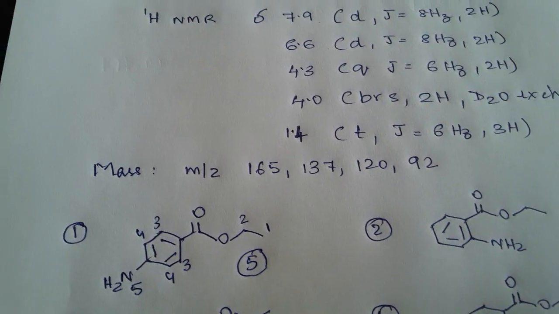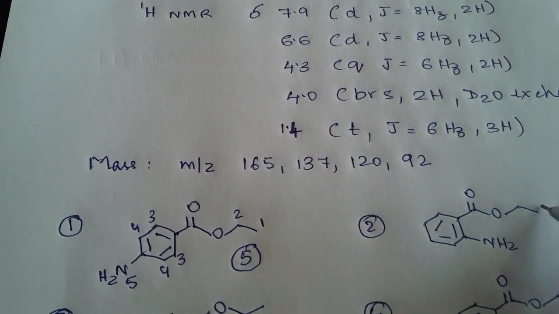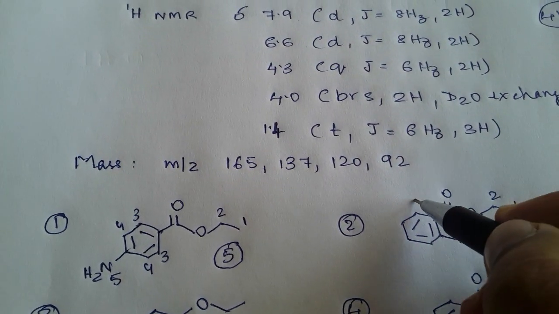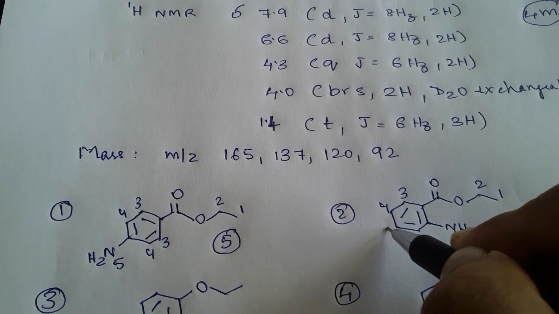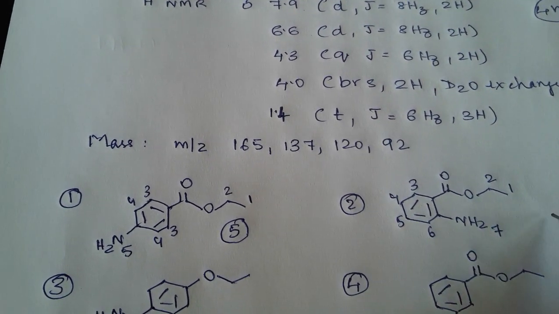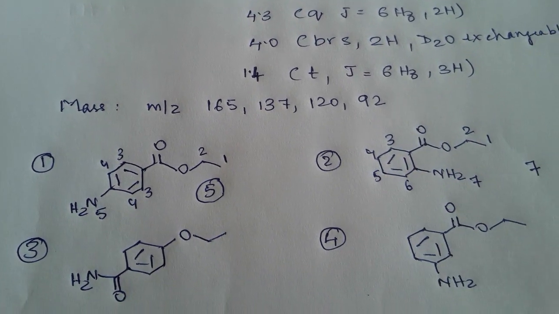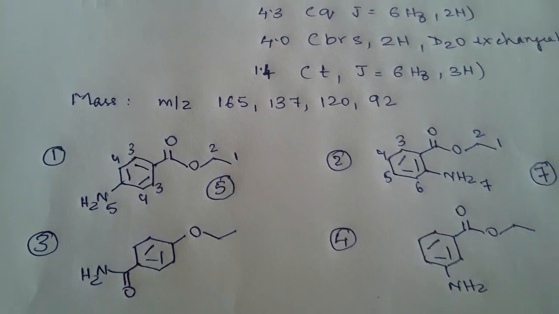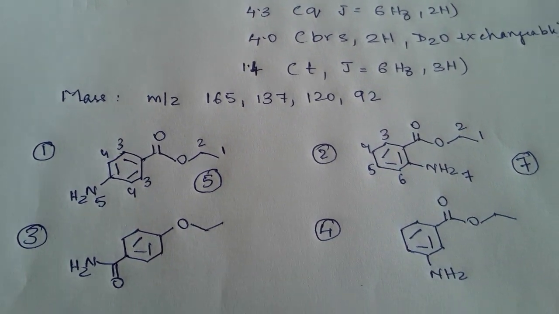Let's look at compound 2 and do the same thing. 1 there, 2 there, 3, 4, 5, 6 and 7. Although there might be some overlap in the aromatic region, on counting we get 7 signals.